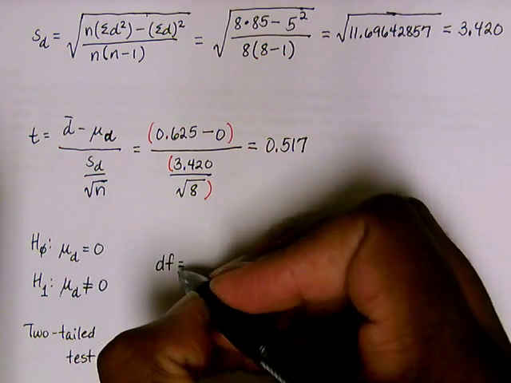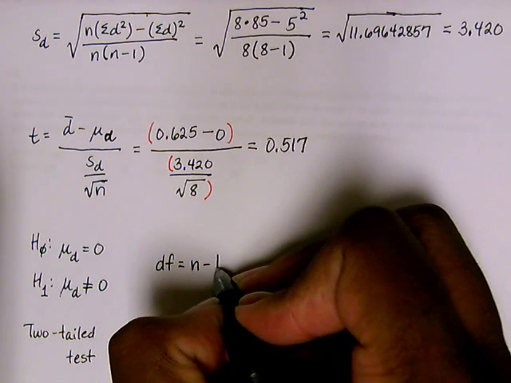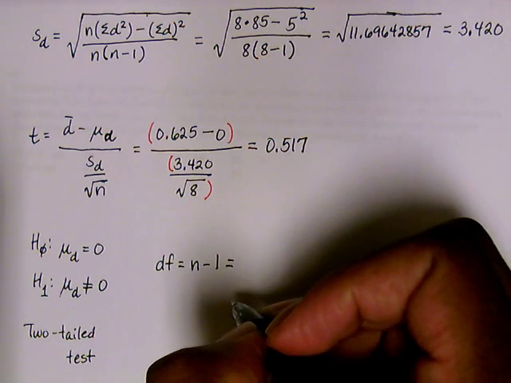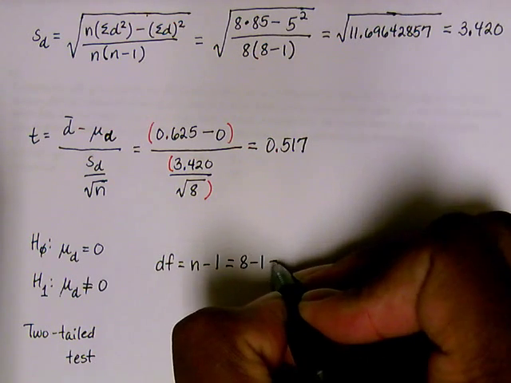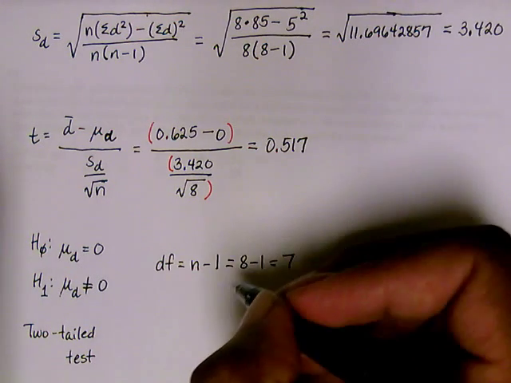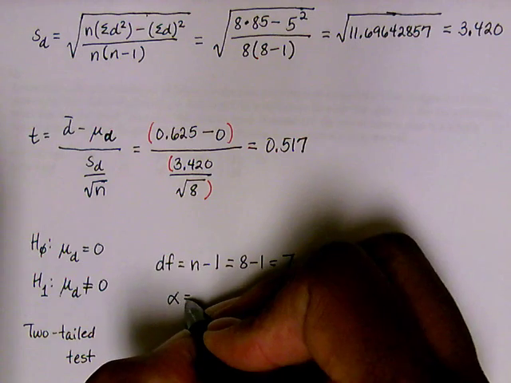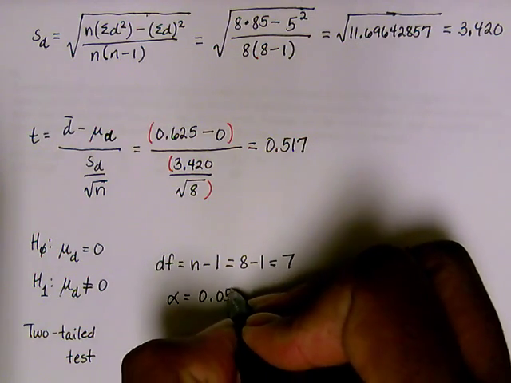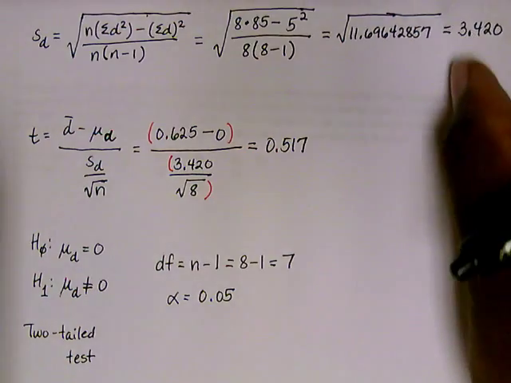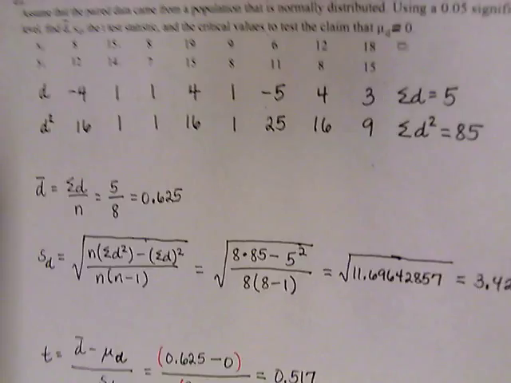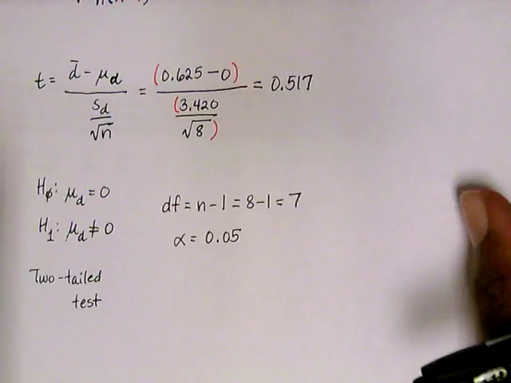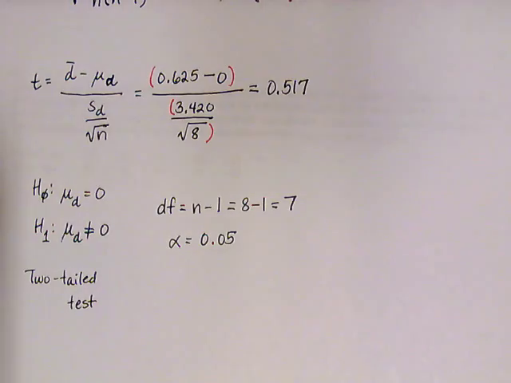I'm also going to find out my degrees of freedom by doing n minus 1. N is the number of paired data, that's 8. Subtract 1 from 8, you get 7. And my alpha level is 0.05, because in the problem I'm asked to use a 0.05 significance level.